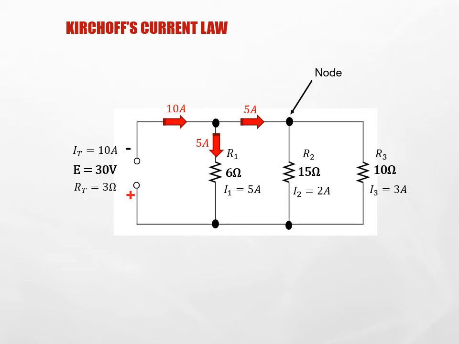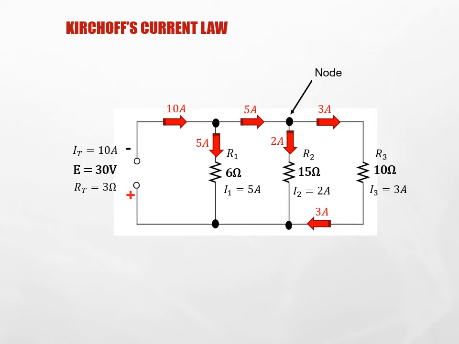That 5 amps will then come to the next node. 5 amps enters that node, but 2 amps go to feed branch 2, which leaves a remainder of 3 amps to carry on to feed R3, or the third branch. The 3 amps at the end will move along and then enter the next node.